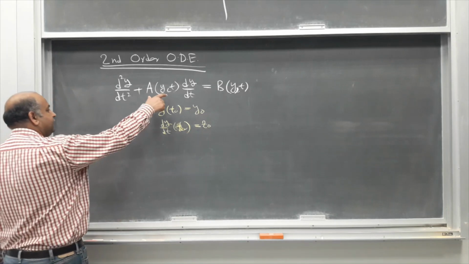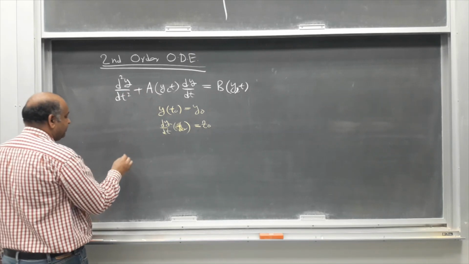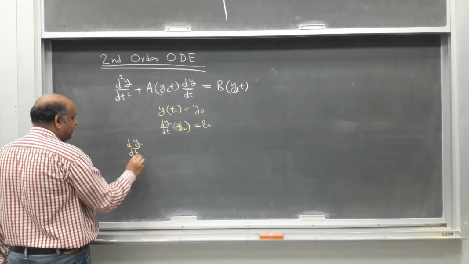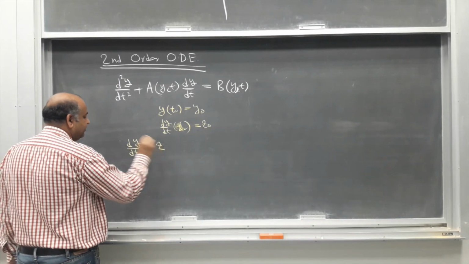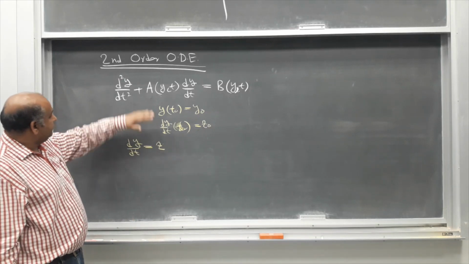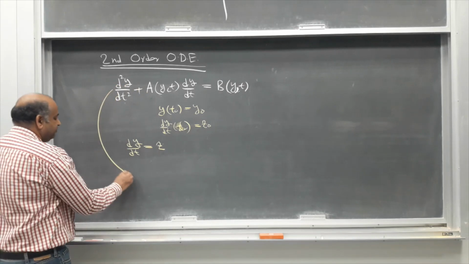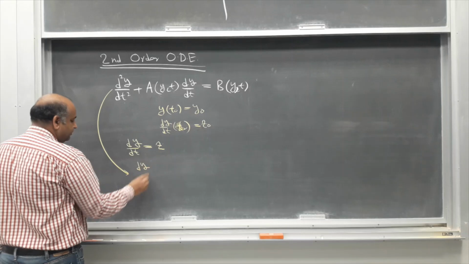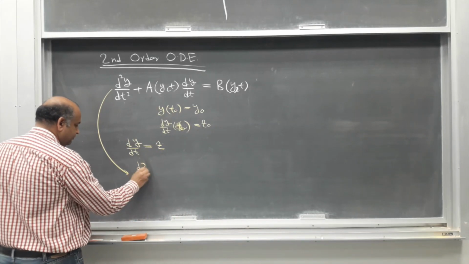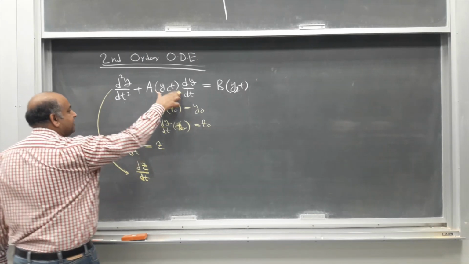Okay, now let me convert this equation into two first order equations. And for that, let me make this substitution. Let's say we define this dy by dt as some variable z. So if I do that, let me substitute here. So this d square y by dt square will become dz by dt, and let me take this side to the other side.